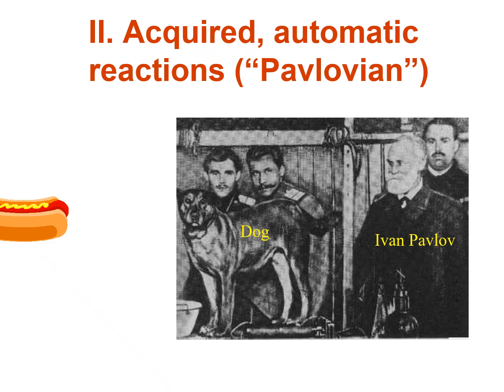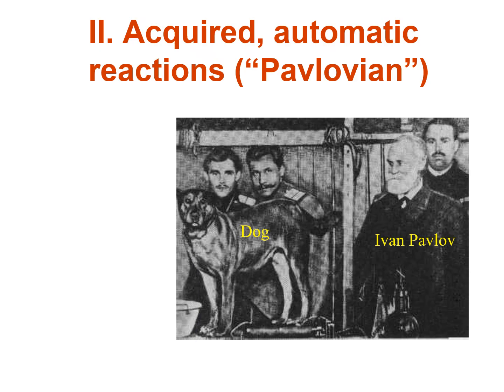He rang a bell and fed the animals. Initially, only the food, but not the bell, elicited a flow of saliva from the animals. But after several attempts at pairing the bell with the delivery of food, the dogs learned to salivate at the sound of the bell, even if no food was forthcoming.